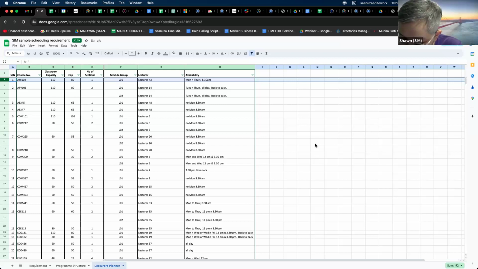Right. Yes. Then after that, is this data integrated into your current timetabling system after the selection, or do you manually download it and then upload it to your timetabling system? It's integrated. Okay.